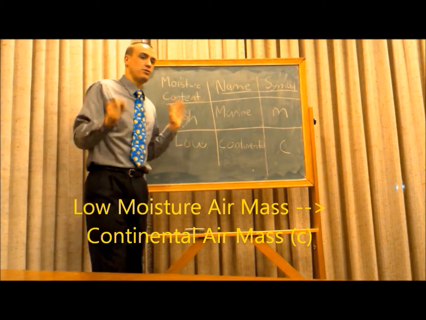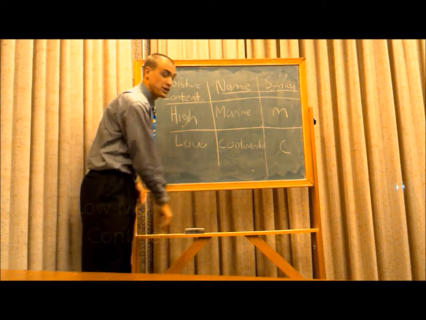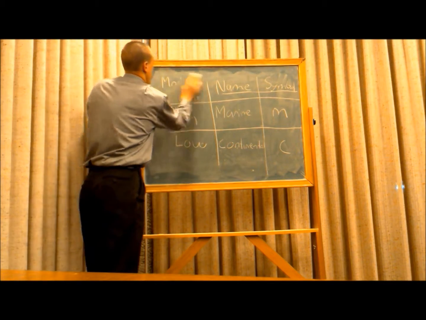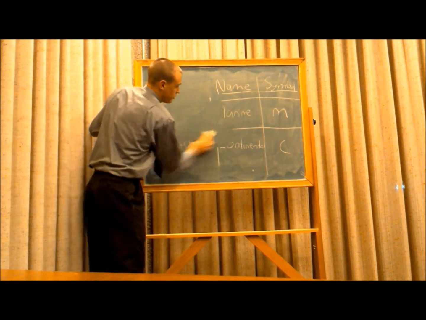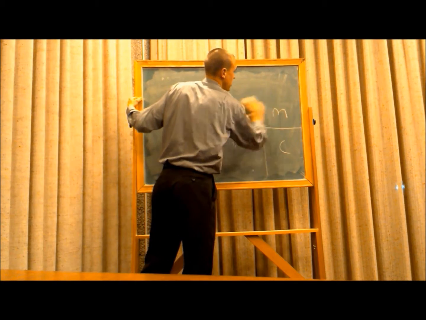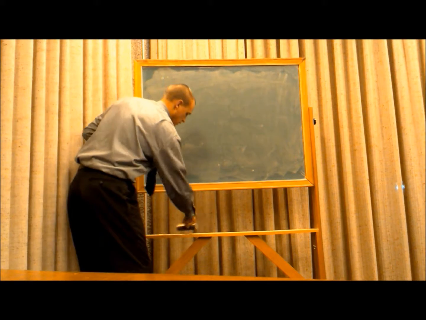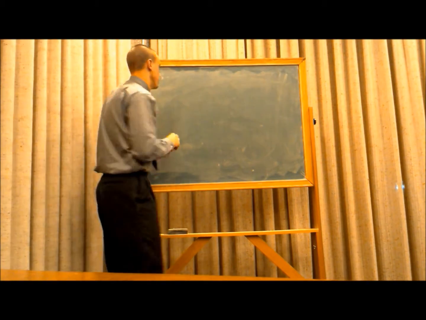Now that takes care of the first characteristic of an air mass. Now let's talk about the second characteristic of an air mass. Once again, I'm going to create a chart that describes the location or areas an air mass can occur in. So follow along with me again.